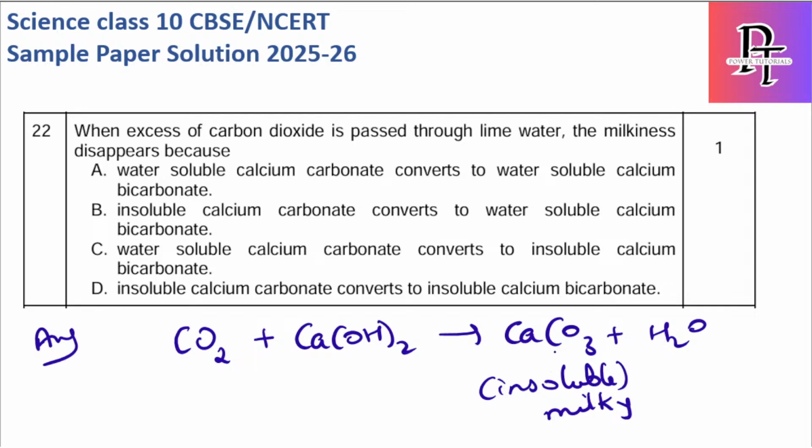This is how lime water turns milky, and this is used for whitewashing in your homes. And what happens if carbon dioxide is again reacted with CaCO3 plus water?